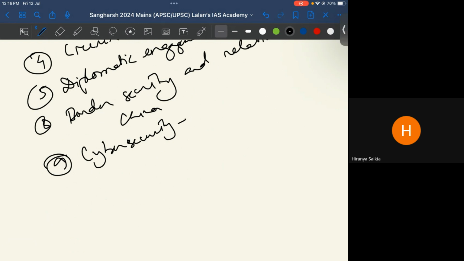Kashmir, Northeast, it is always there. So we can say that it is a very important position considering the complex challenges that India faces both internally as well as externally. So there should be clear certainty in terms of its role.